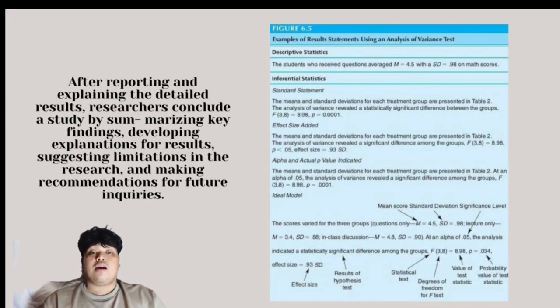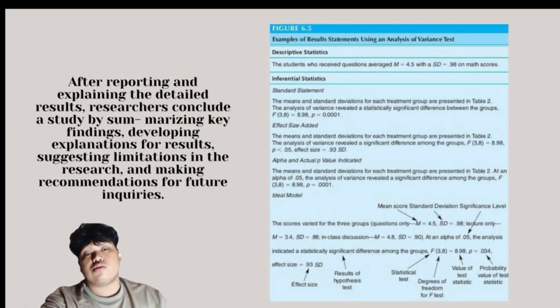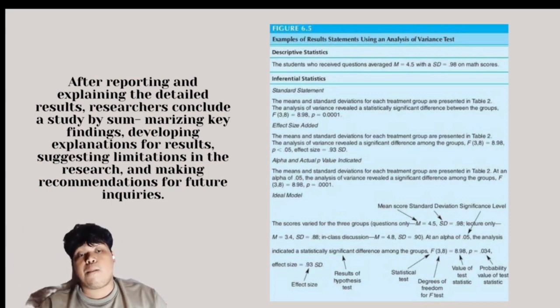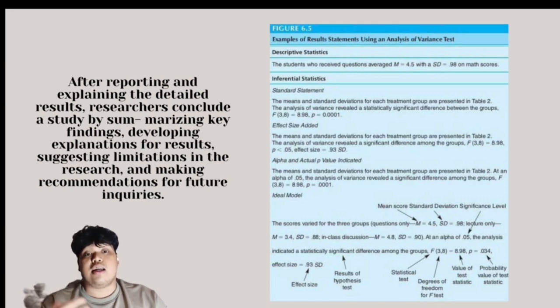And in this topic, how do you interpret the results? After reporting and explaining the detailed results, researchers conclude a study by summarizing the findings, developing explanations for results, suggesting limitations in the research and making recommendations for future inquiries. This figure that you can see is the process of reporting results from an ANOVA test.